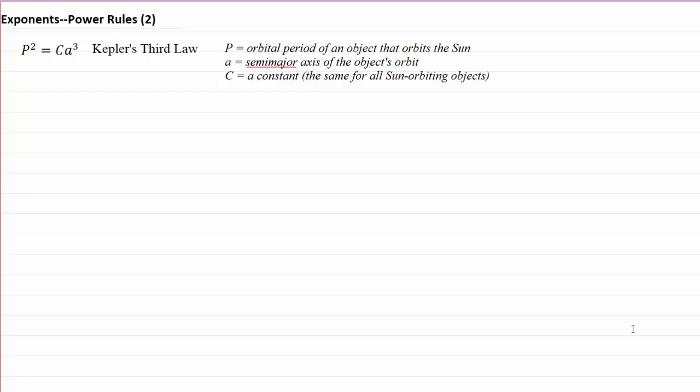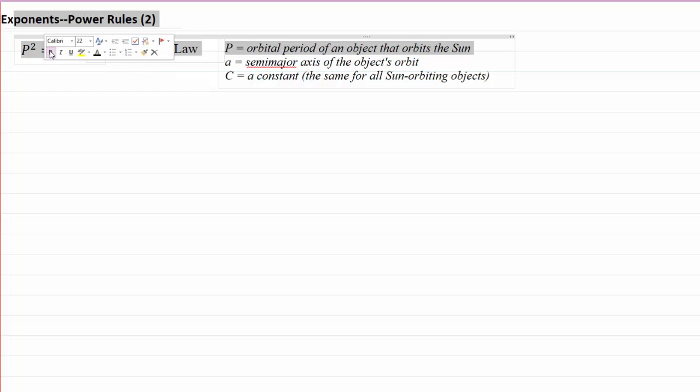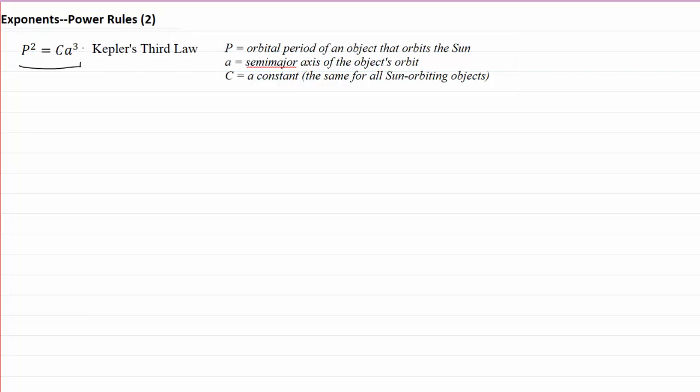Kepler's third law is the relation that we have right here. P squared equals C A cubed. I've got the P, the A, and the C described here. P is the orbital period, how long it takes something to orbit the sun in years. A is the semi-major axis of the object's orbit. The orbits are elliptical.